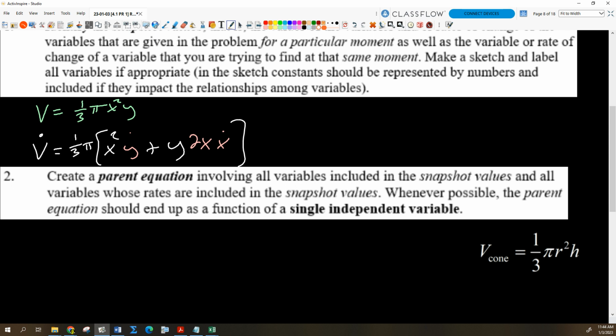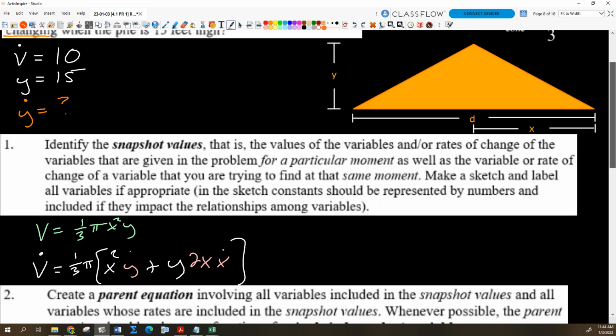And I'm trying to find y dot. Well, this is what Max was talking about. If I'm going to solve for y dot, I've got to be able to plug in values for all of the variables and rates, right? Well, I know v dot. I know x dot. Do I know? Oh, sorry, I don't.